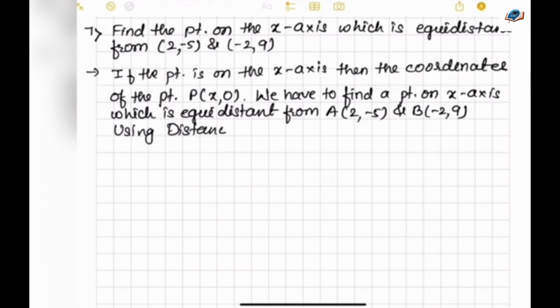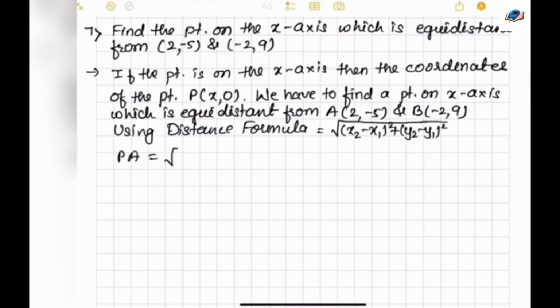So using distance formula, that is (x2 minus x1) whole square plus (y2 minus y1) whole square. So PA will be equal to root of (x minus 2) whole square plus (0 minus of minus 5).